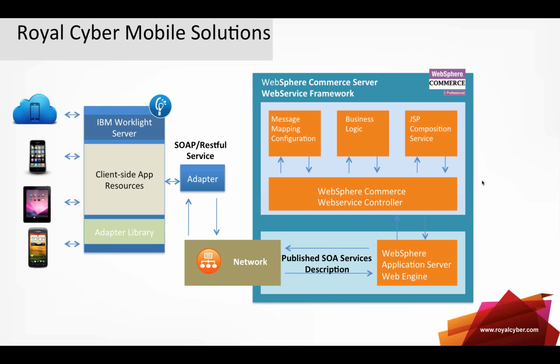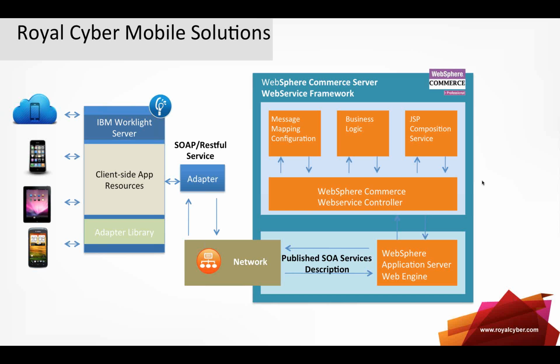So we have IBM Worklight server, which acts as one of the mobile servers that we use. We use IBM Worklight as the mobile platform in rural cyber to connect to the commerce stores, get the information and surface that into a mobile device.